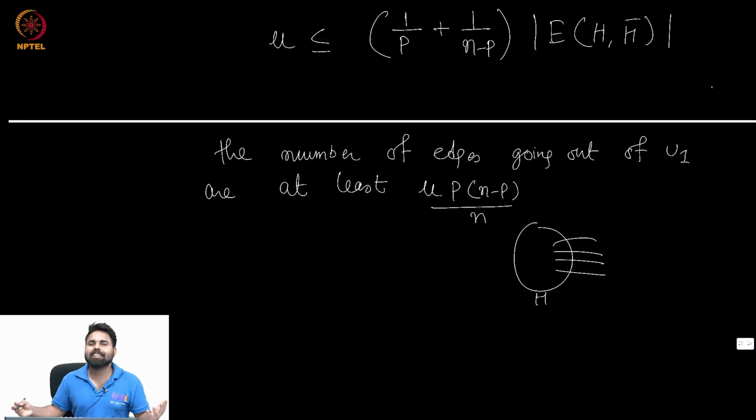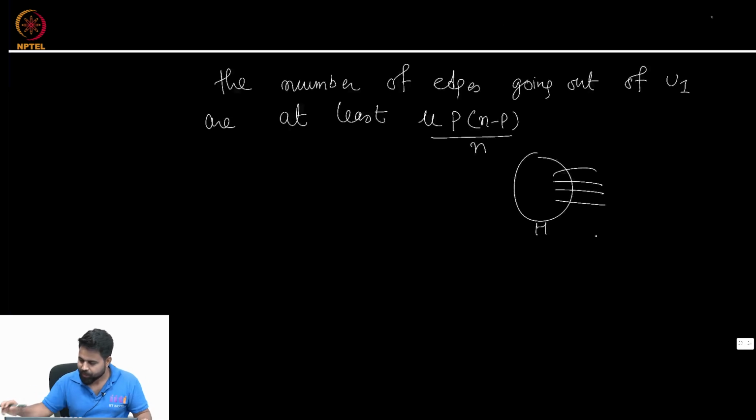Now let us calculate the average degree. We want the bound on the average degree of H. To find it, we want to know how many outside edges are going from H. These are not counted when we take H as an induced subgraph, so we have to subtract those edges from all possible edges.